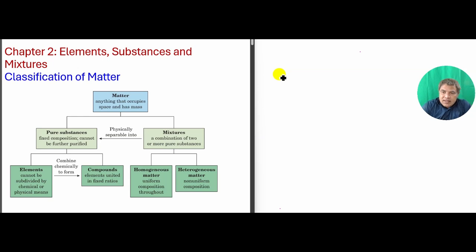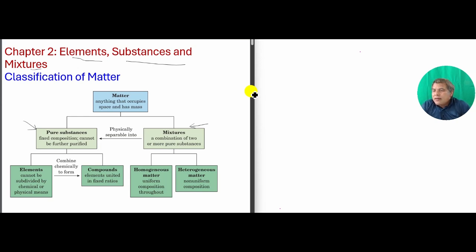Okay, let's start this. So the elements, substance, and the mixture. Let's first of all tentatively classify the matter. Matter can be either a pure substance, or it can be a mixture, a combination of two or more pure substances.